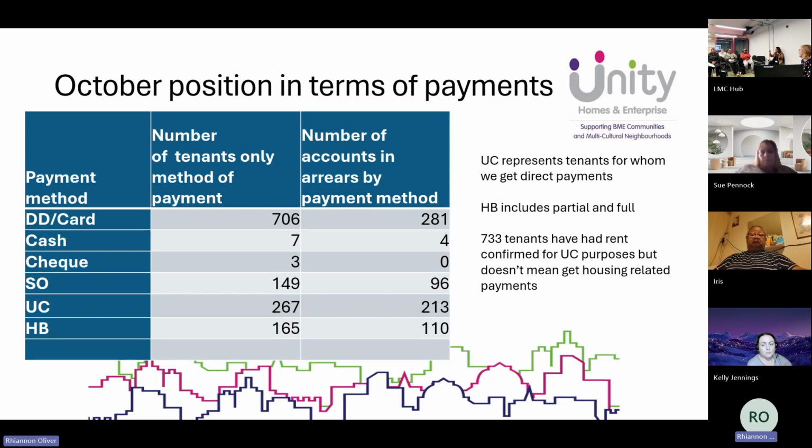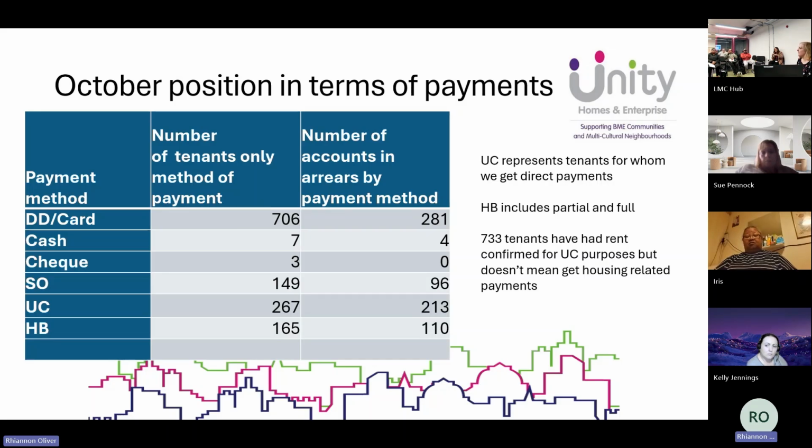The remainder will go to the tenant, and then the tenant will decide if they want to pay by direct debit or standing order. I'm just wondering, if a tenant is on universal credit, don't they all have their housing costs verified? So we verified 733 universal credit applicants.